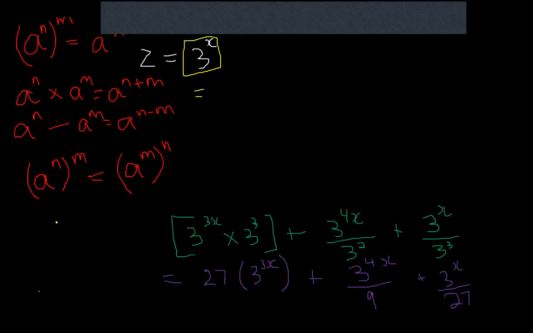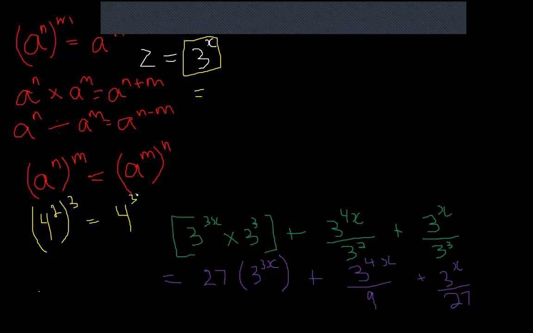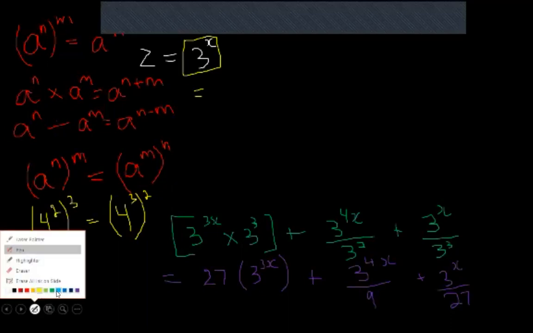Just to show you a quick example, I'm using the same 4 squared. If I had 4 squared raised to the power of 3, and I decided to switch these numbers and instead say 4 cubed raised to the power of 2, the answers I get would be the same.